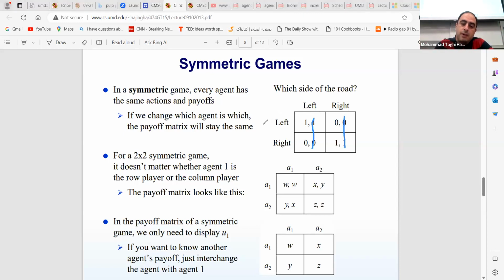You can say this is the first player, or this is the first or second, and this is the other player. So it can be first or second. You can see that if the first player is doing left and the other player is left, it gets 1. And it is independent of whether it is the first player or second player.